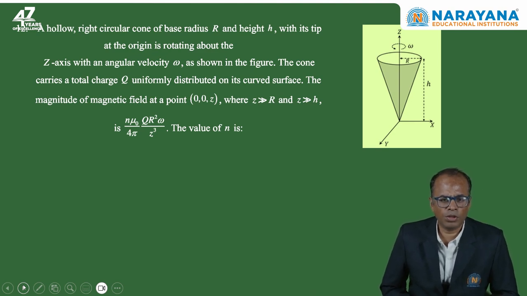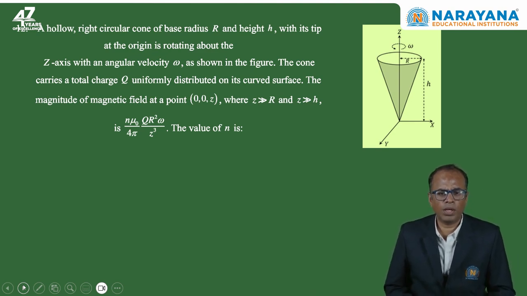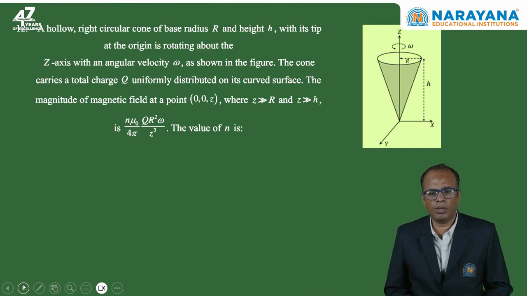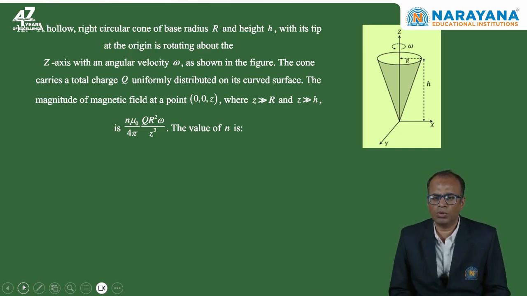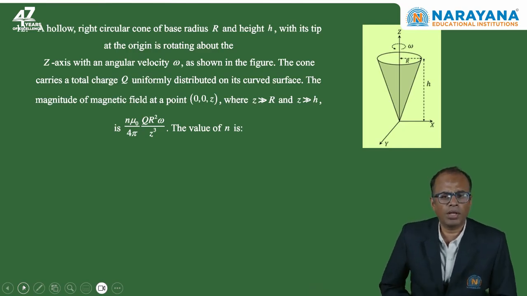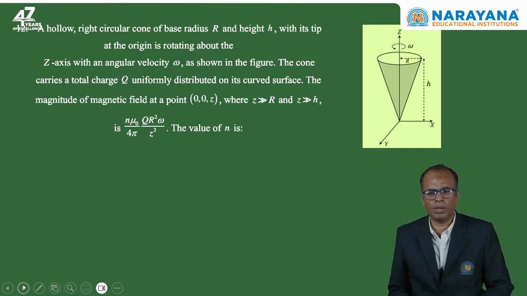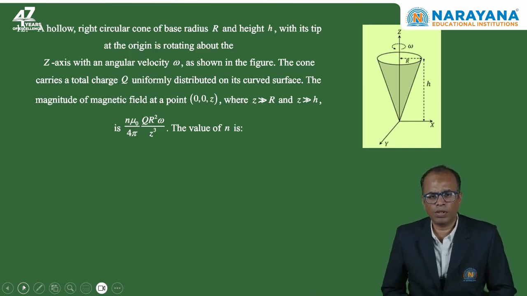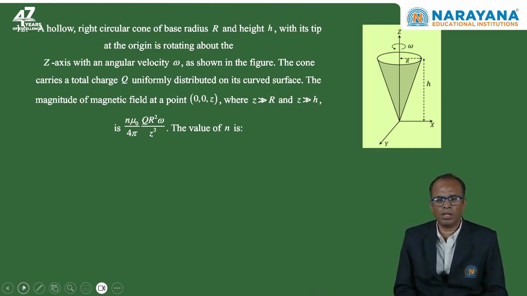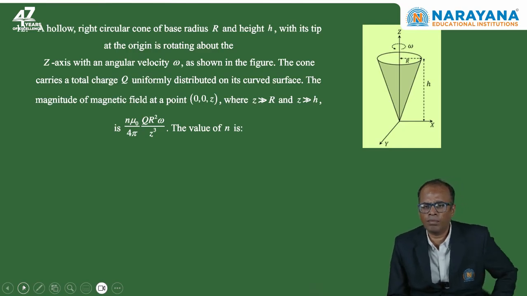We want to express this in terms of mu naught by 4 pi q r square omega by z cube. So this is a spinning charge distribution. It is going to behave like a current loop or a magnetic dipole, and we are interested in calculating the field at a large distance from it. So if I want to find the field at a large distance, I can treat it as a dipole and on the z-axis.